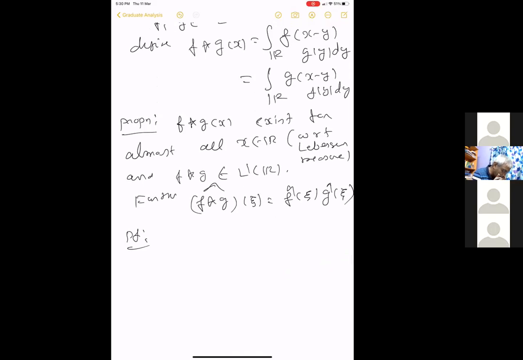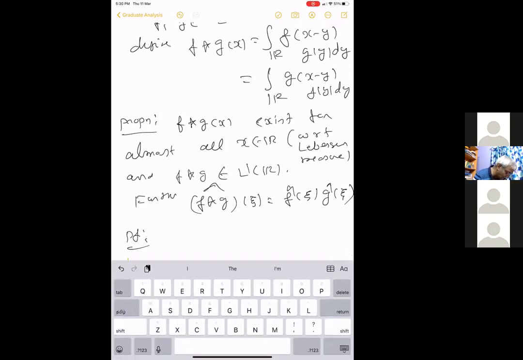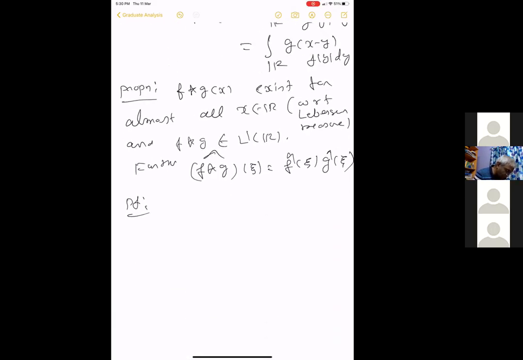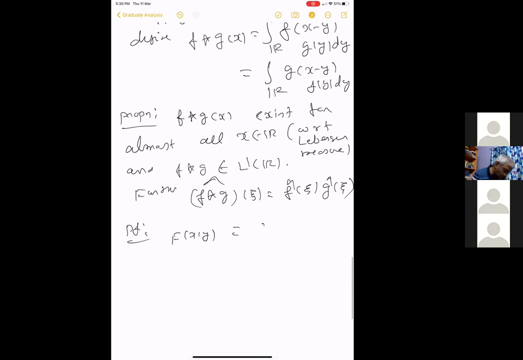Now we want to consider this. Let us consider the function F(x, y) equal to f(x − y) g(y). This is clearly measurable, being a product of two measurable functions.